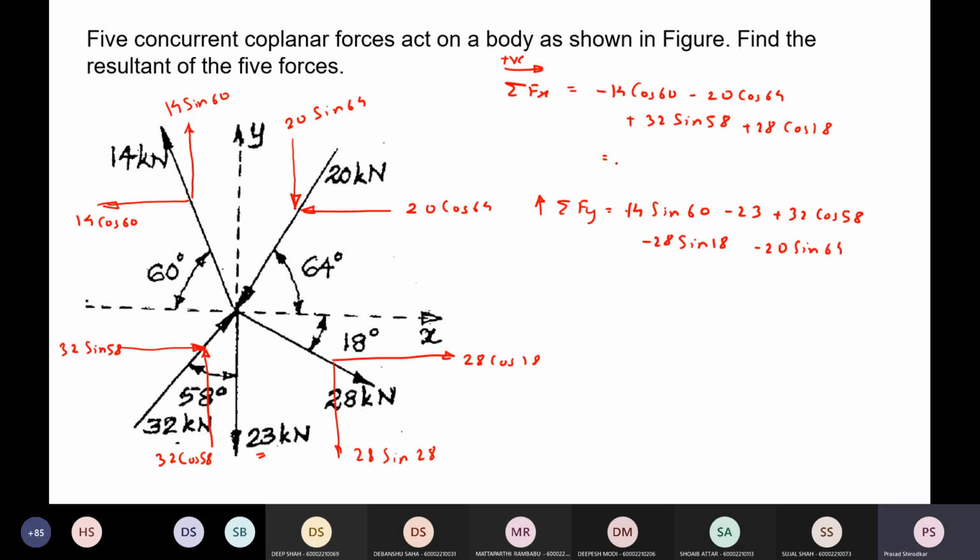Yes, tell me now. Summation fx? 37.99, 38 kilonewtons. Correct. And it is a positive value, so it is in the right hand side.